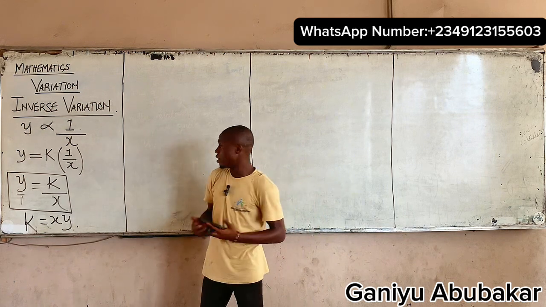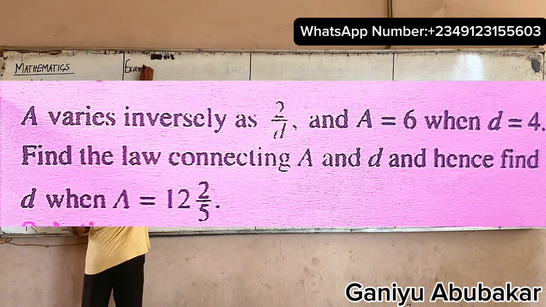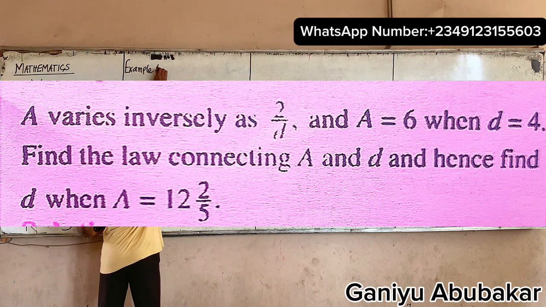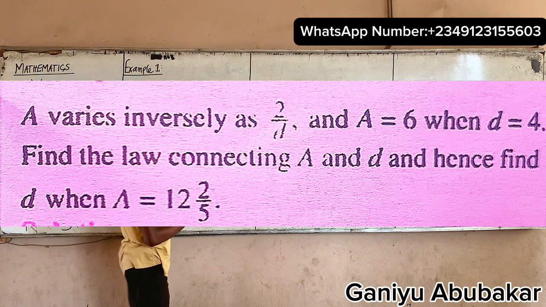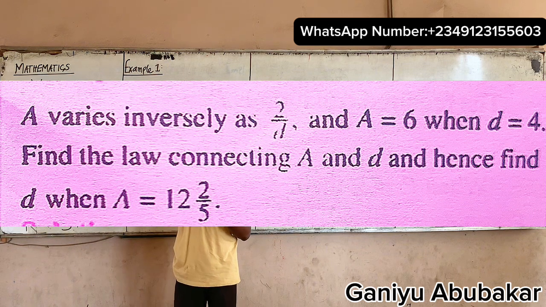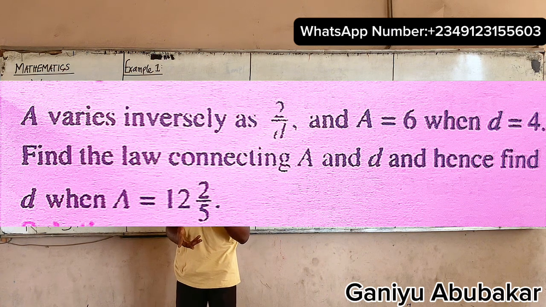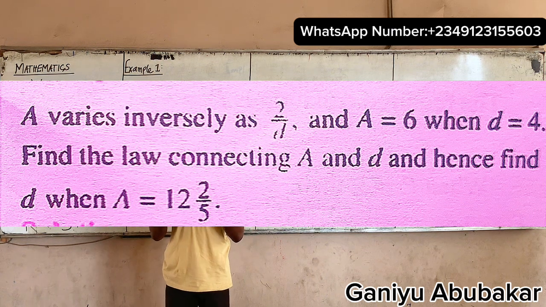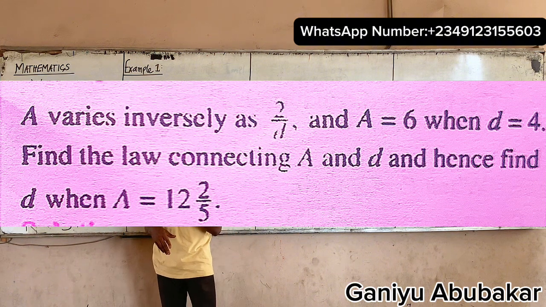Let's do example 1. Example 1 says, A varies inversely as 2 over d, and A is equal to 6 when d is equal to 4.